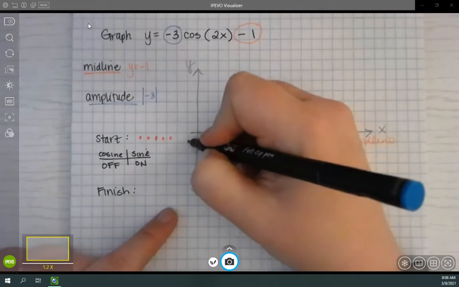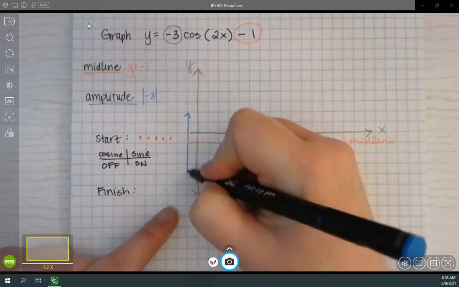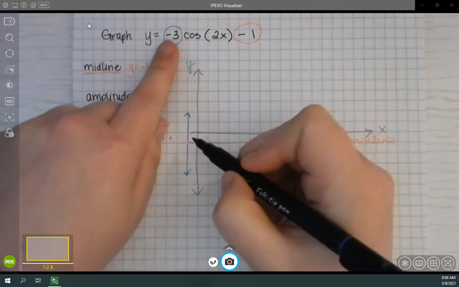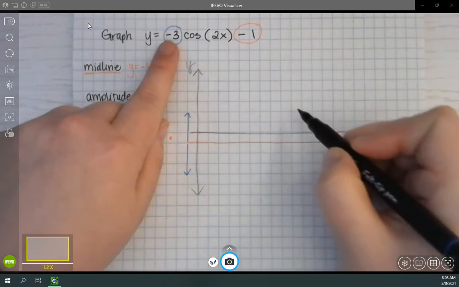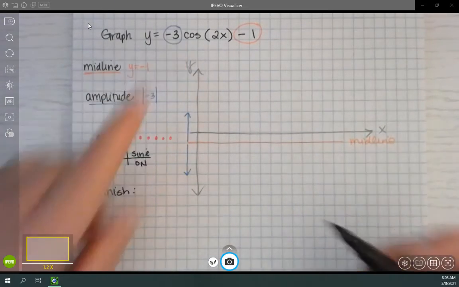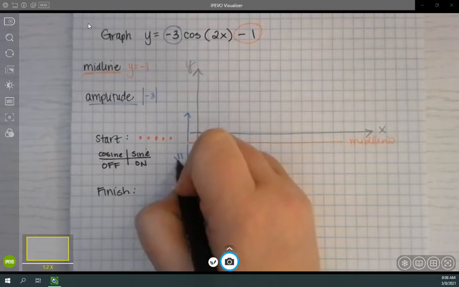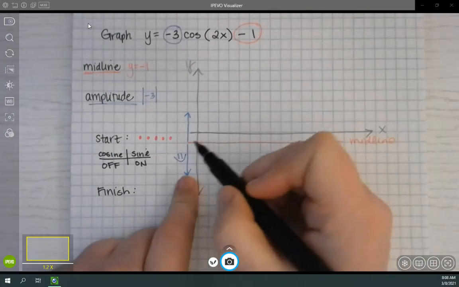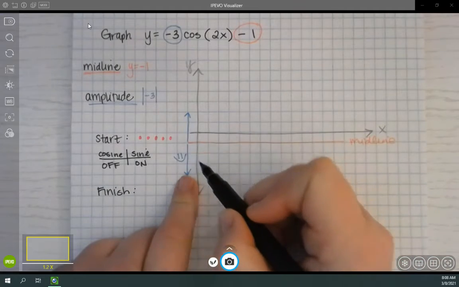So I'm going to be going 3 up and 3 down. Now, the importance of that negative tells me if I'm going down first or up first on my wave. That negative tells me that I'll be going down first. So I'm going to put a smiley face there to remind myself when I'm making my dots that my curve should be going down.